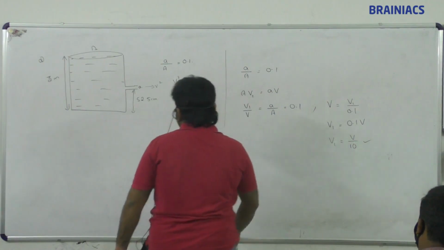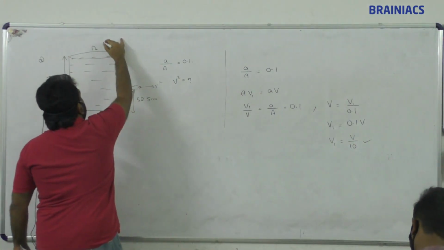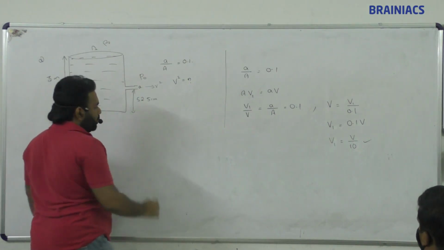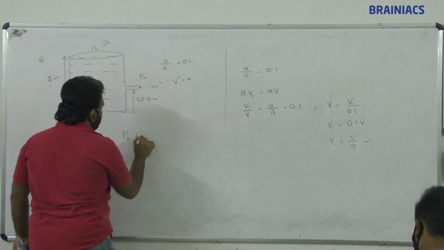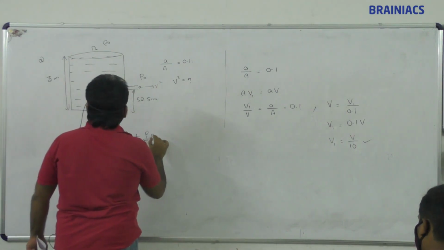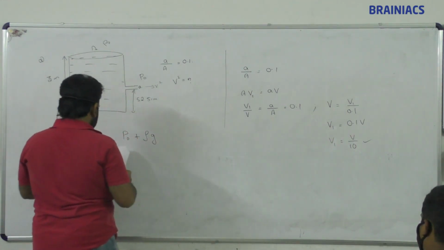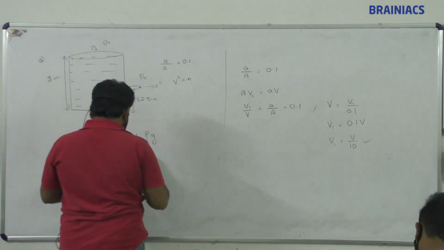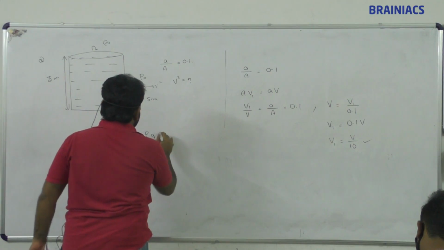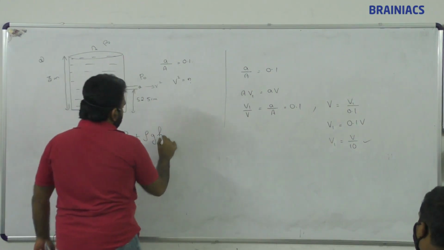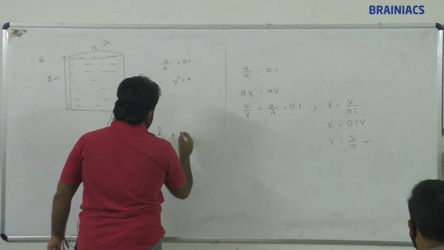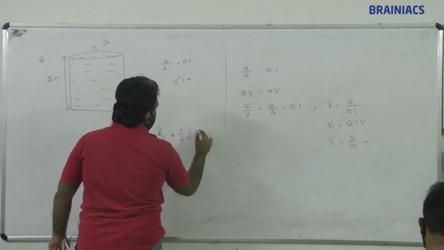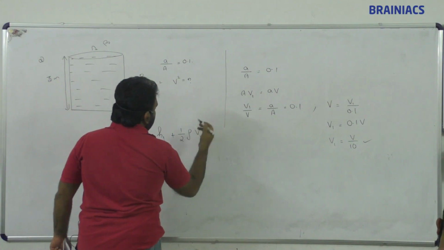So when we apply the Bernoulli's theorem, here the pressure is P0, here also the pressure will be P0. So P0 plus rho G, okay, so this height is also given, so rho G H1 plus half rho V1 square.